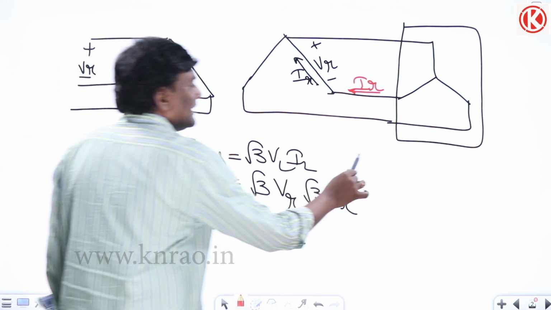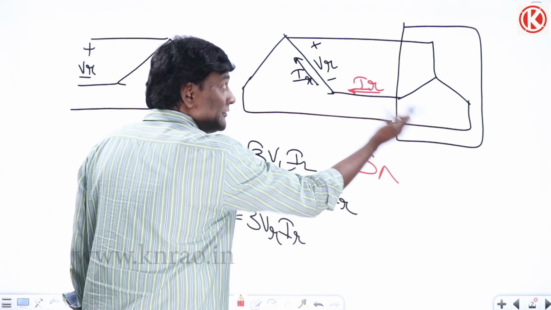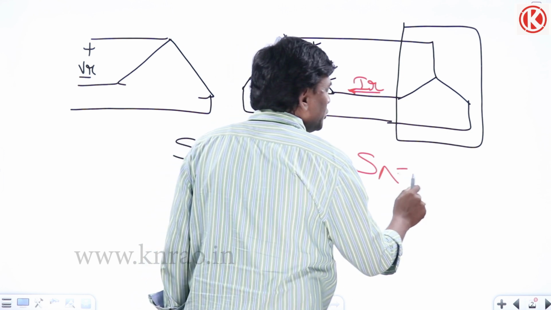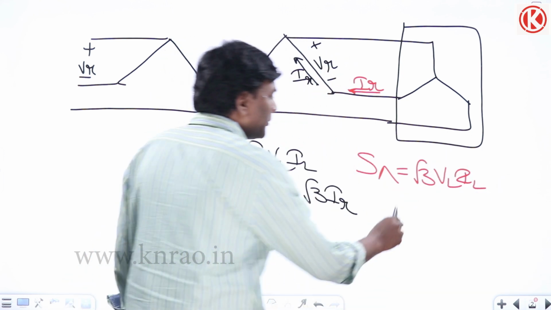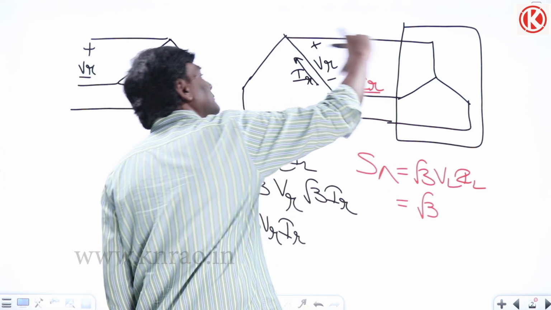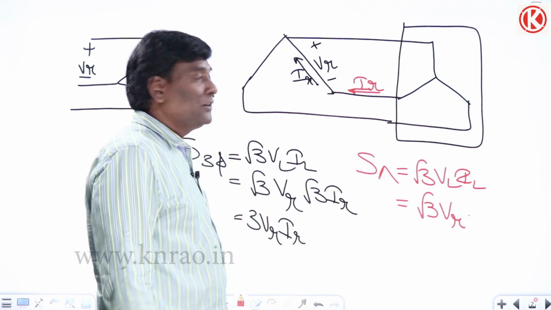Now S of open delta. For three phase power, what should be the capacity? It is going to be root 3 line voltage, line current. Phase voltage is nothing but line voltage, so it is V rated into the line current.